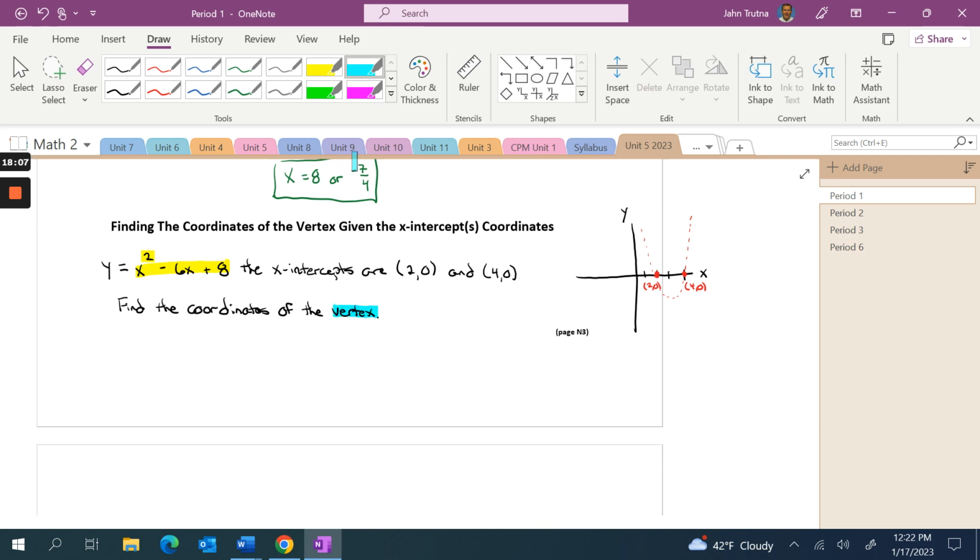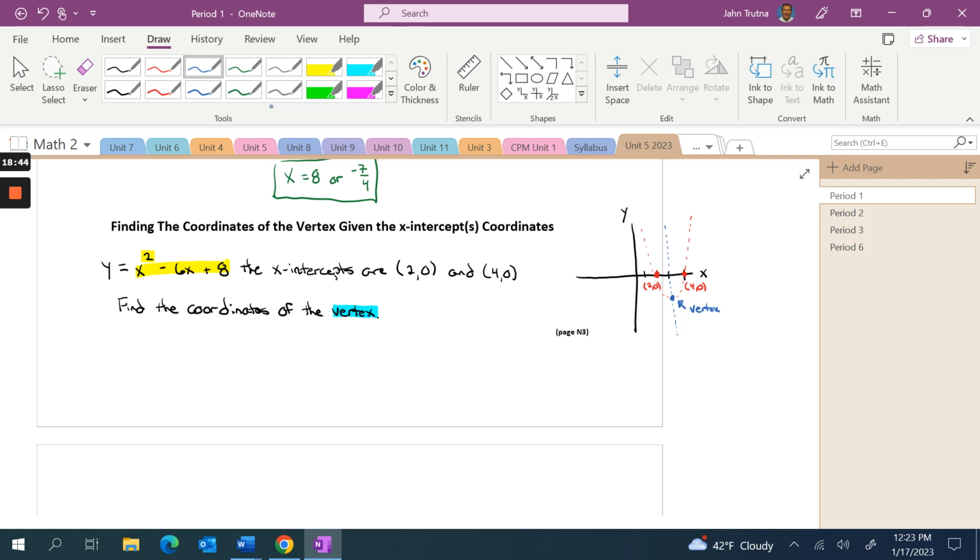All right, now the amazing thing about the vertex is that, remember, a parabola can always be split in half by what we call the line of symmetry. Okay, and your vertex is always on that line of symmetry. So in this particular graph right here, that vertex would be right there, okay? Now, there's something we know about that vertex and the line of symmetry. The line of symmetry is always halfway between the two x-intercepts.